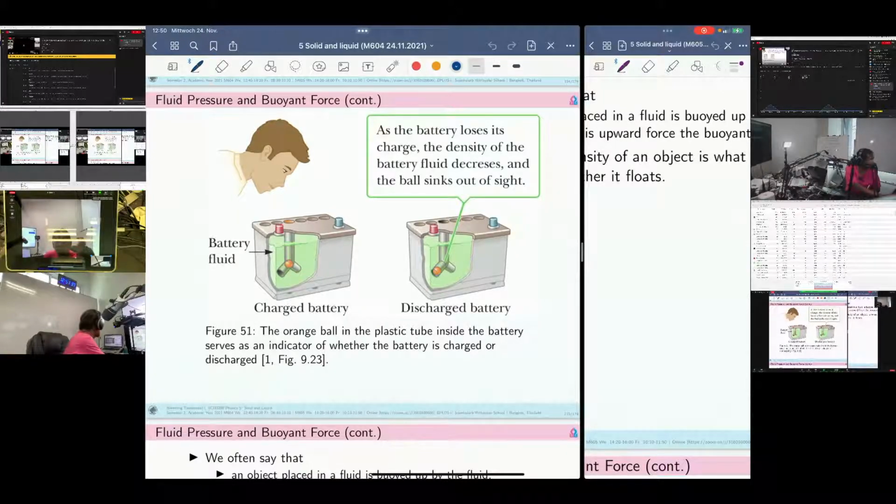Just if you are quite close to your father or your family, right? Sometimes actually in the older technology, they use the battery, and the cars have the battery inside the hood, right?